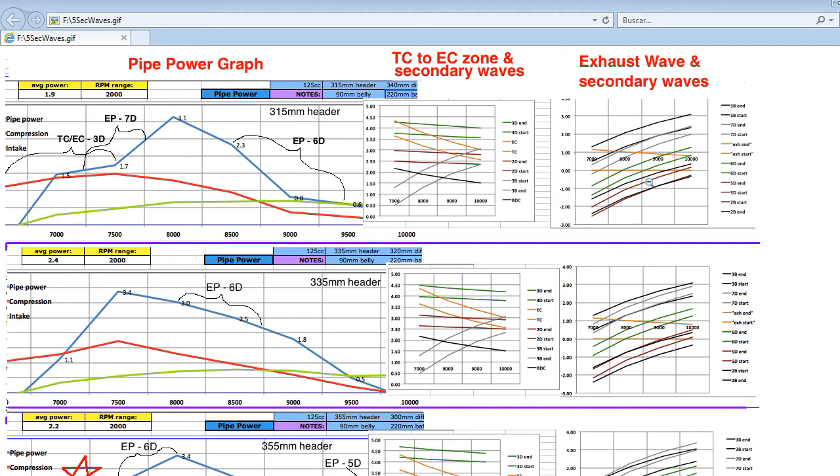So in red here, we've got 5D. In green, we've got 6D. And gray, we've got 7D. The zone at which they start to really have impact is like right here. This is 8,000, this is 9,000. So this line right here is 8,500 RPM.